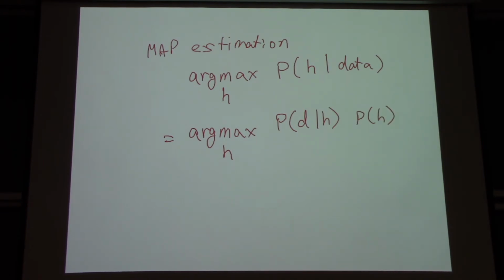This is what maximum a posteriori estimation was. Maximum likelihood estimation says the probability of the hypothesis is constant.